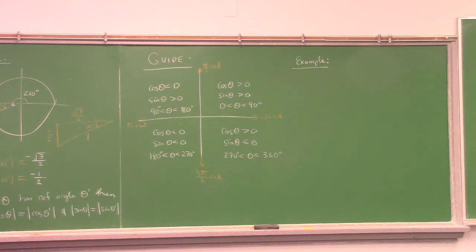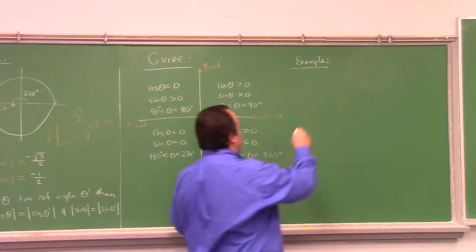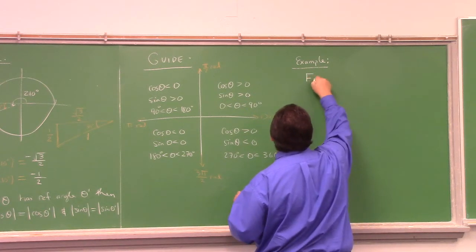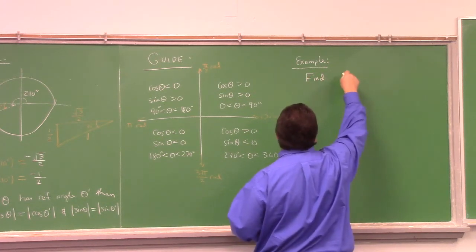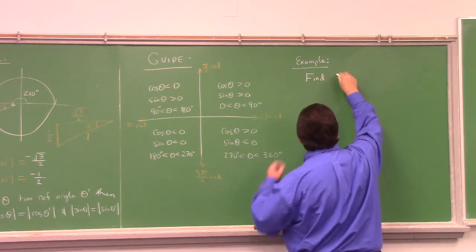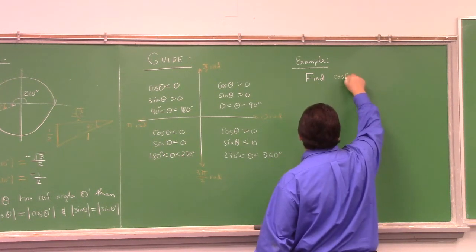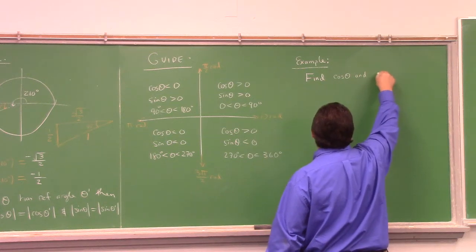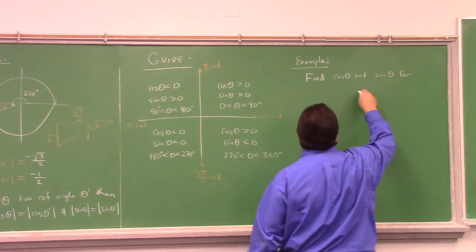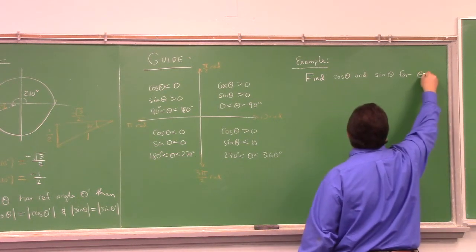Suppose you're given, let's see here, find cosine theta and sine theta for theta as pictured.